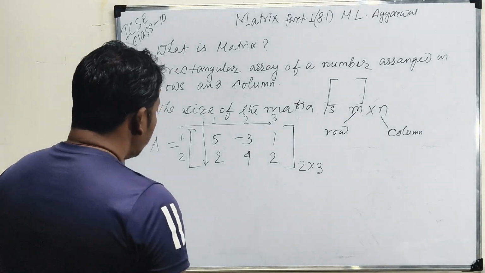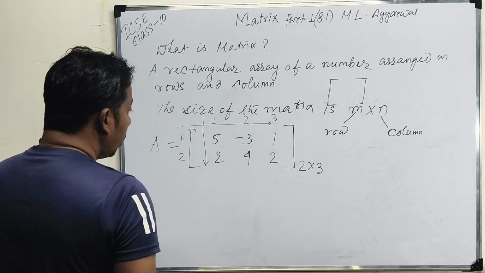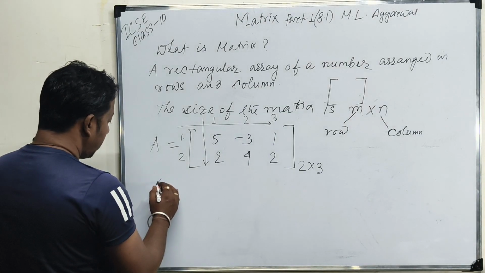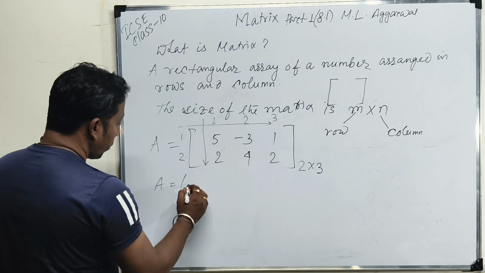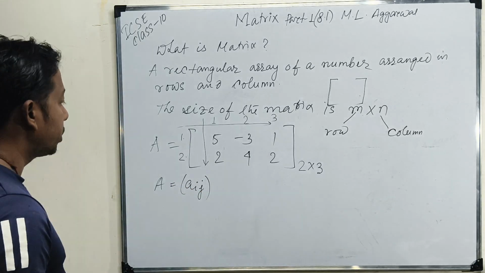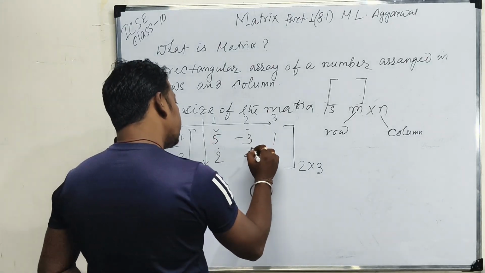Clear? We can denote the matrix by a_ij, which gives the position of a particular element of the matrix.